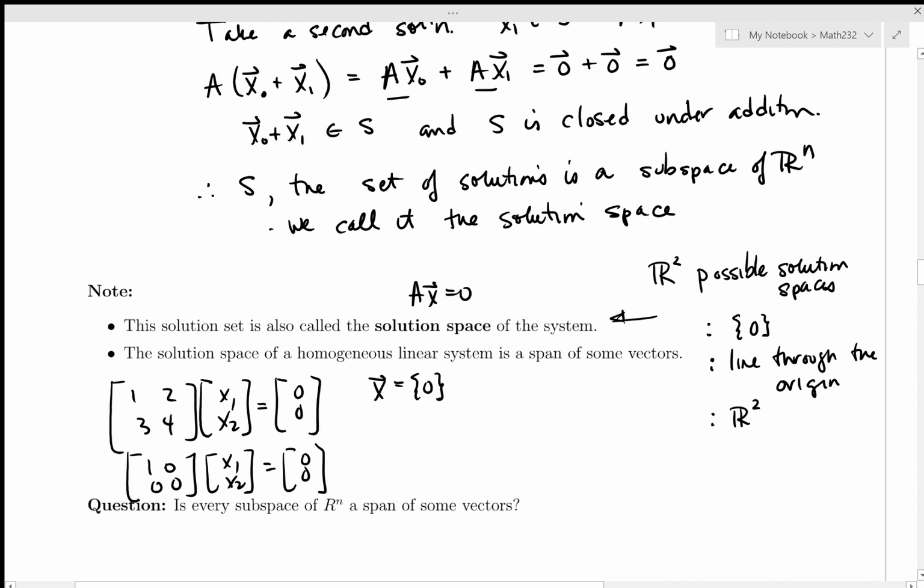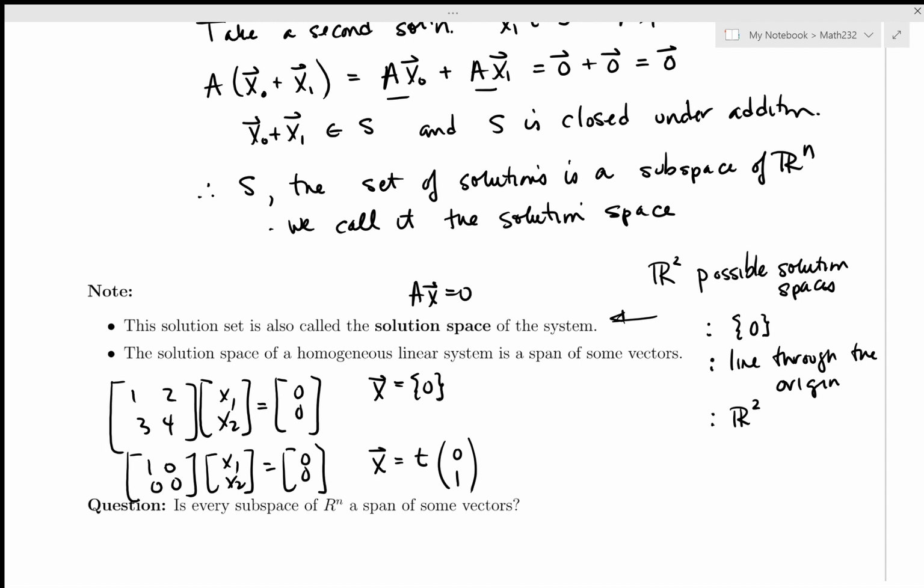Then what are our solutions? We have a free variable, and the solution is x equals t times v1. Here x1 is 0, and x2 can be anything. So we end up with a line through the origin.